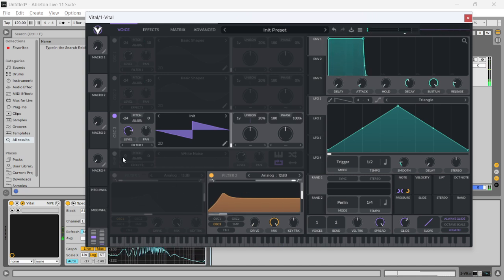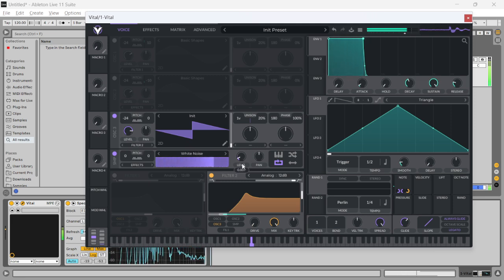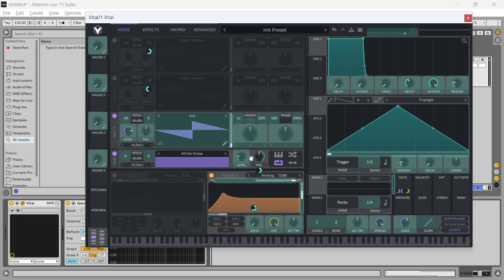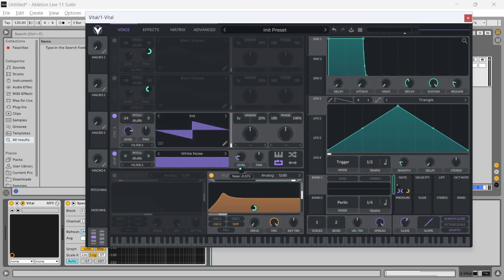But you know what, I'll just go with it. And also for a crispy high end, you want some white noise. Another thing that I've noticed is that when you go high, white noise sort of hurts your ears. So I am going to modulate that with the note as well.